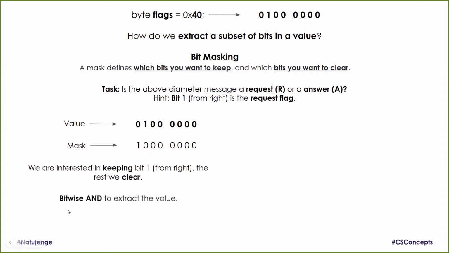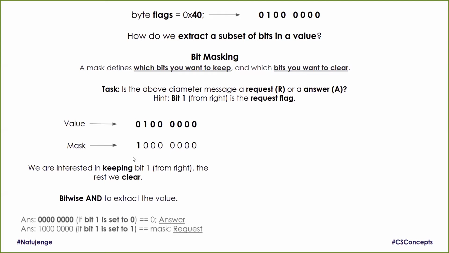Using the mask, if we do a bitwise AND, we know that all the 7 other bits will be set to 0 because these are zeros. The only bit that can take value 1 or 0 is the first bit from the left. It will become 0 if bit 1 is 0, because 0 AND 1 gives us 0.